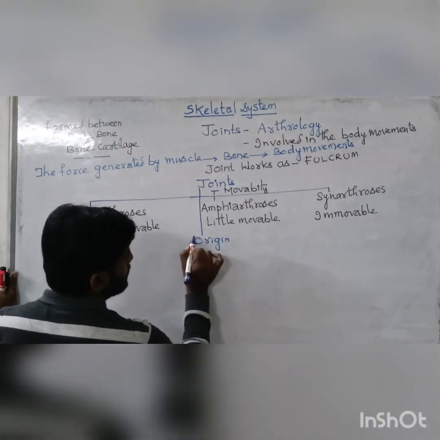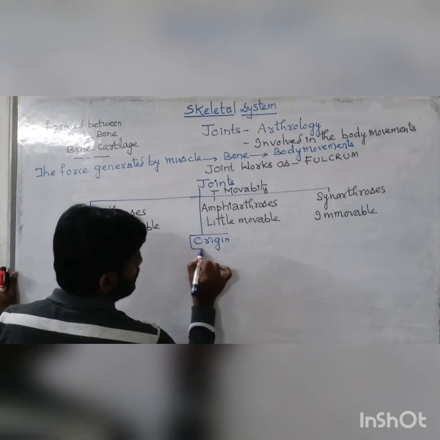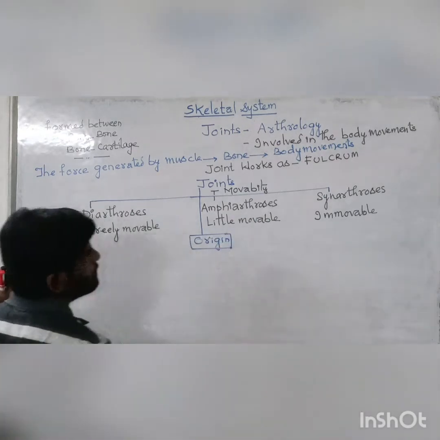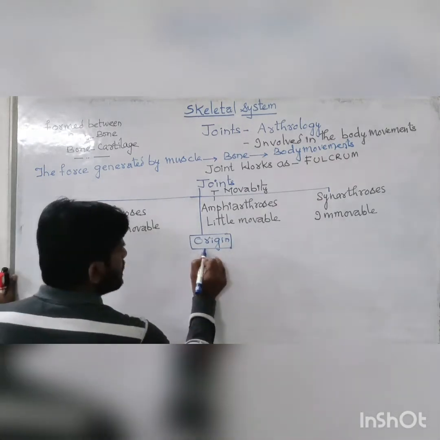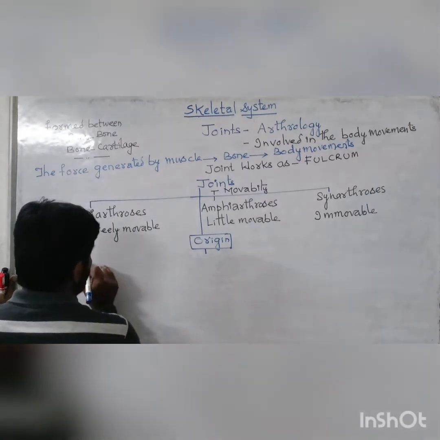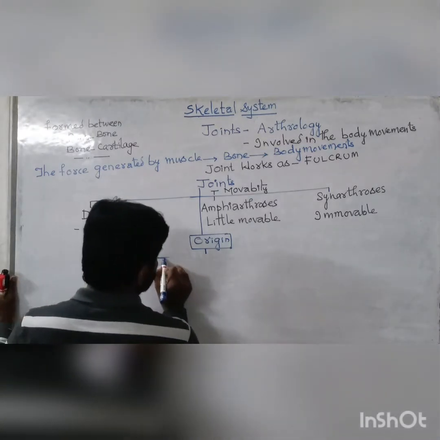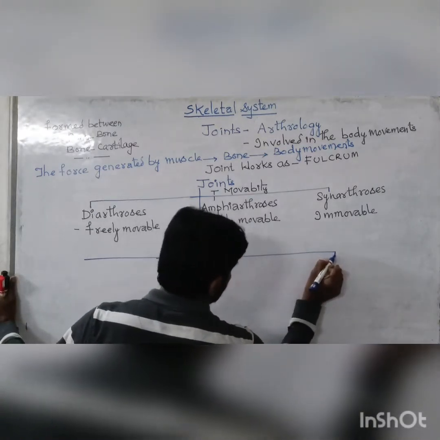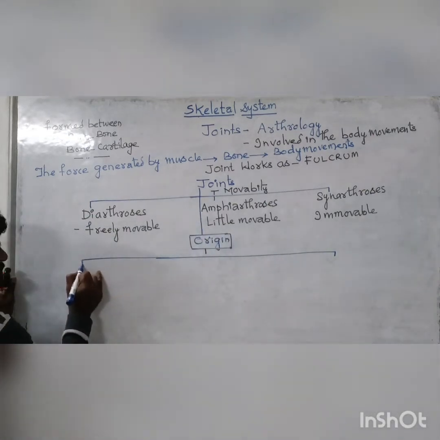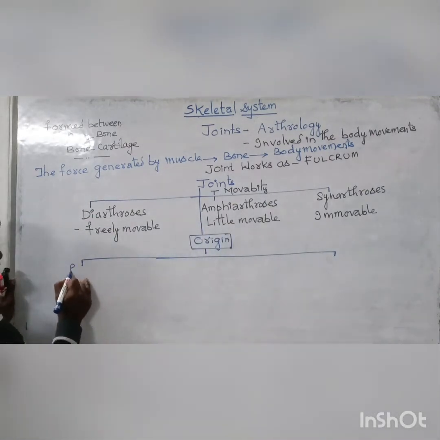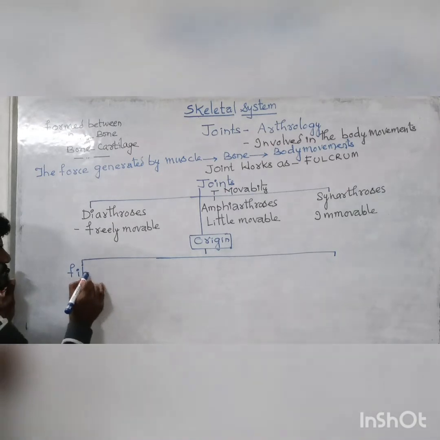how they are formed. Depending upon the origin, joints are classified into three types. One is the fibrous joints.